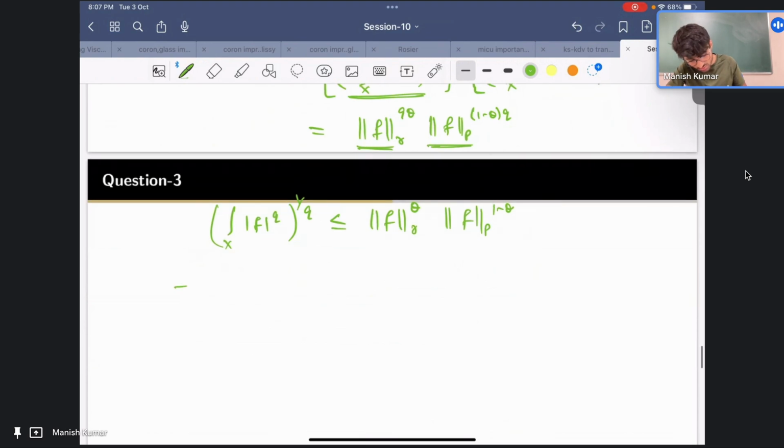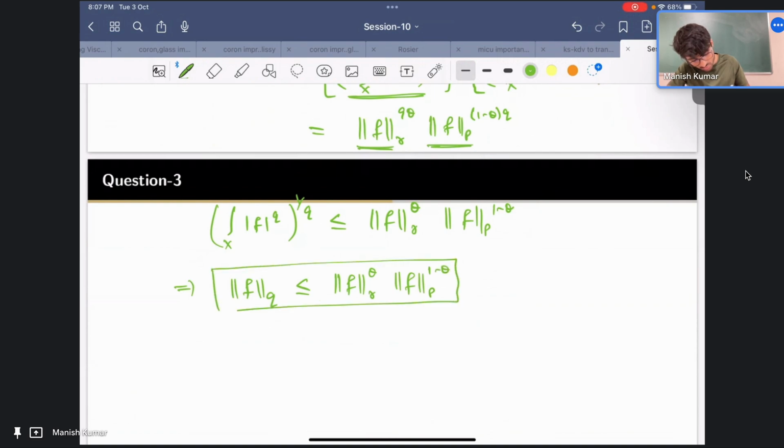What you have got is that the norm of f in L^q is less than or equal to the norm of f in L^R to the theta, times the norm of f in L^P to the 1 minus theta. So this proves that L^P intersection L^R is continuously embedded in L^q.